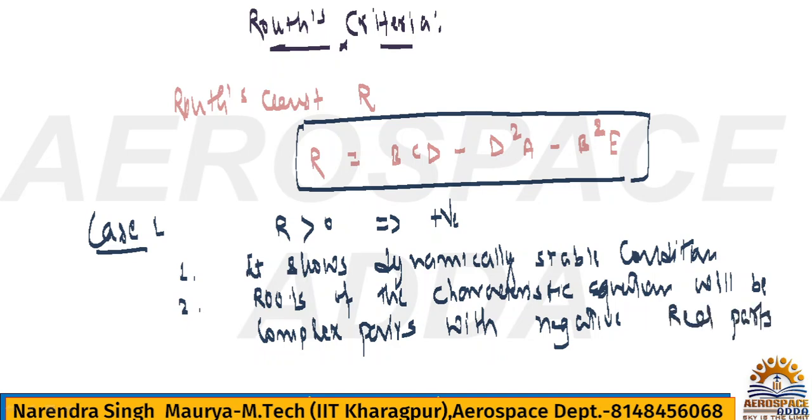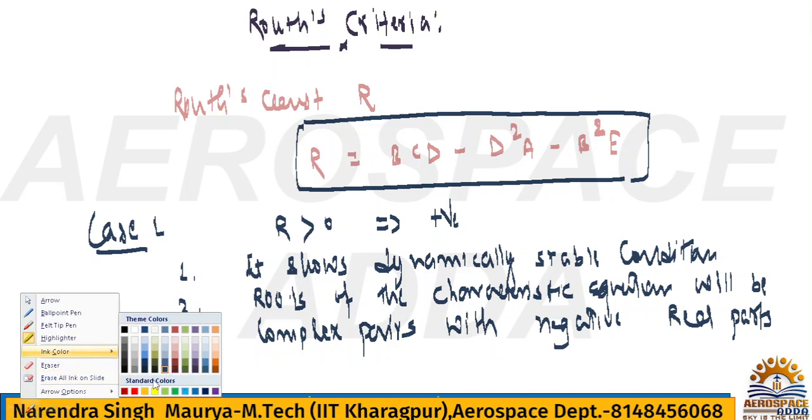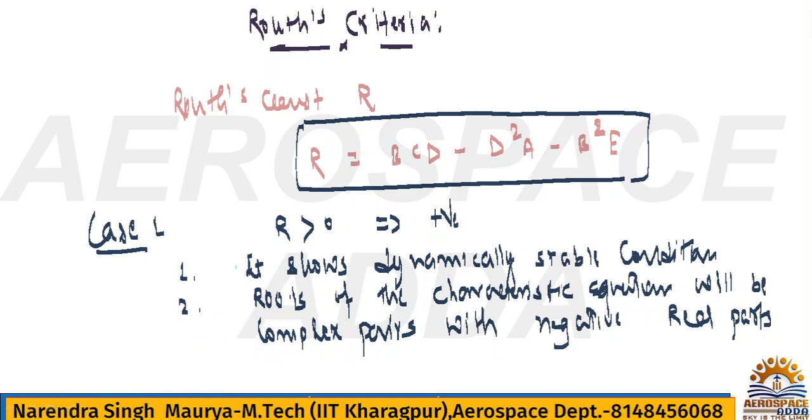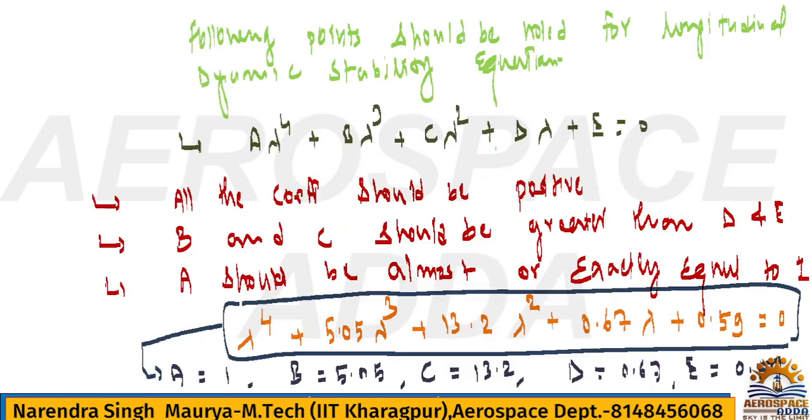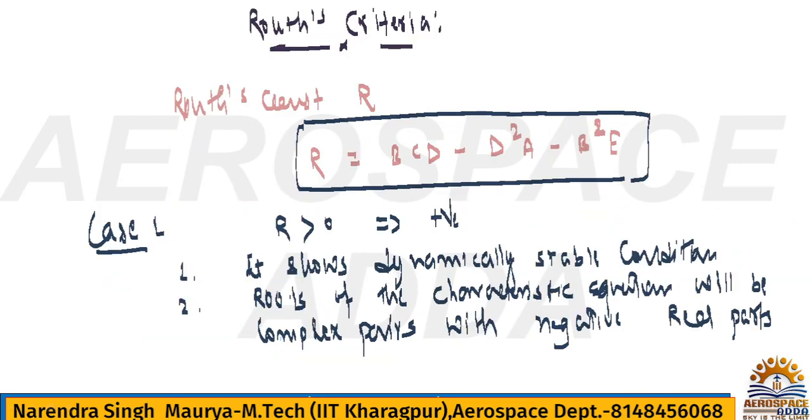Real meaning will be very simple. I can give the equation as an example. If R is greater than 0, then, because this is a power 4 equation, you will get the roots of the characteristic equation as pairs with real and imaginary parts.